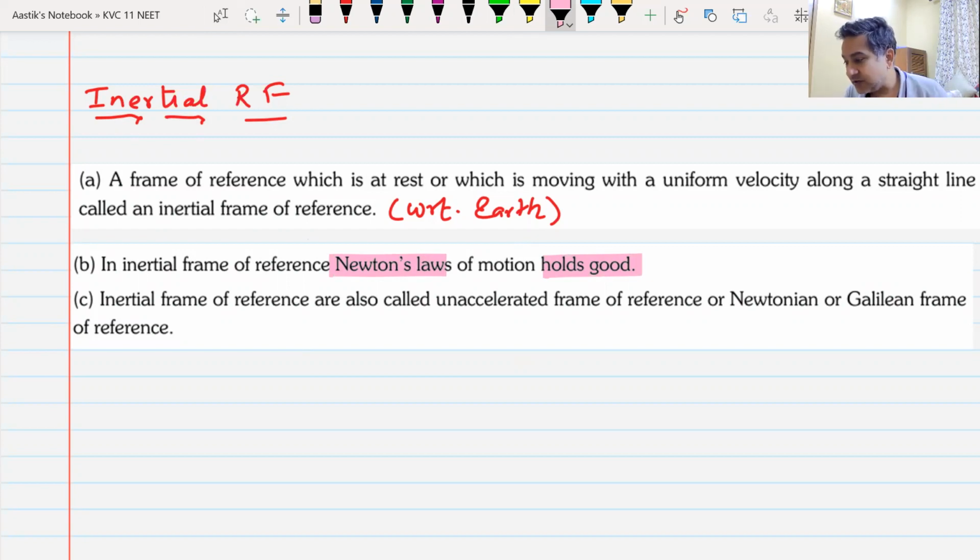Newton laws of motion are valid only in inertial frames. These inertial frames are also known as non-accelerated frames, Newtonian frames because Newton laws are valid, or Galilean frames. These are the three names they might ask you as an objective question.